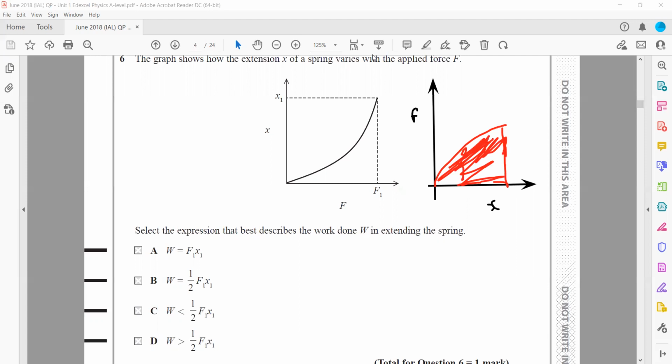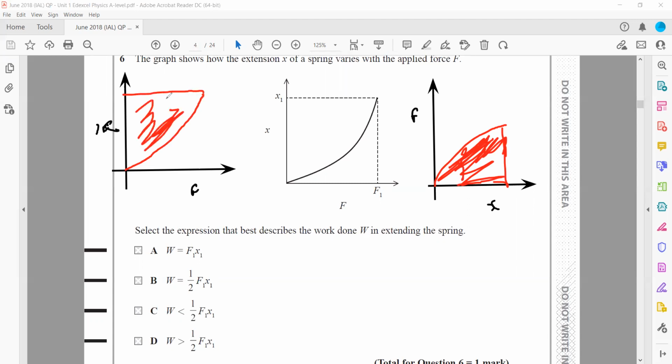But if it is opposite, with extension on the y-axis and force on the x-axis, then this area will give us the work done.